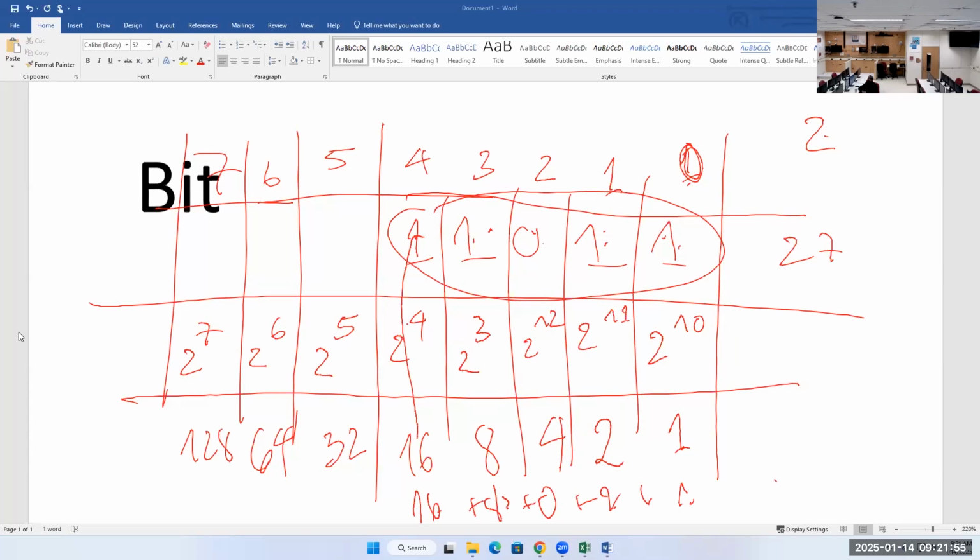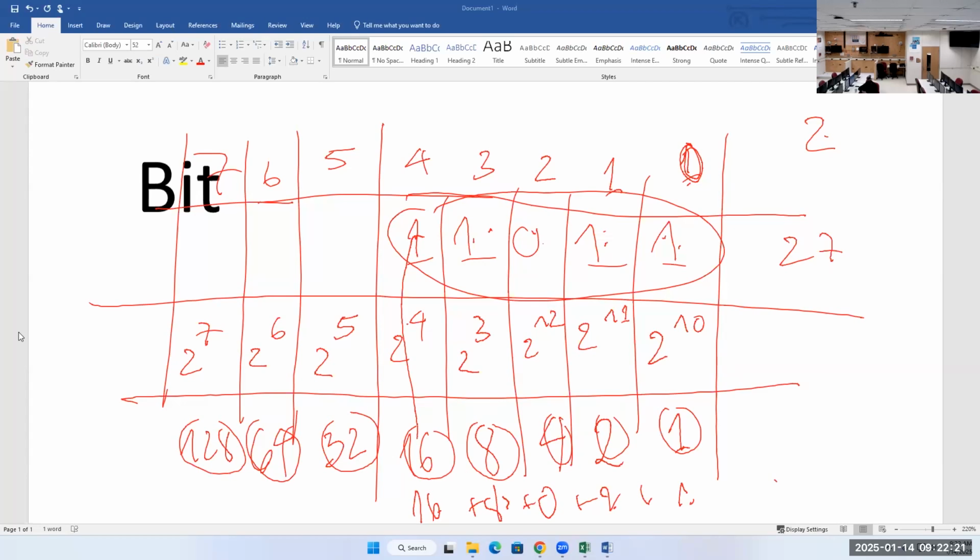It depends on the value of the column. Remember that you have 8 bits: 1, 2, 4, 8, 16, 32, 64, and 128. That's all you are required to remember when you work with the conversion of 1 byte in binary, because you have 8 bits.